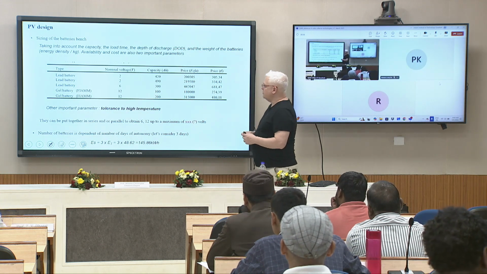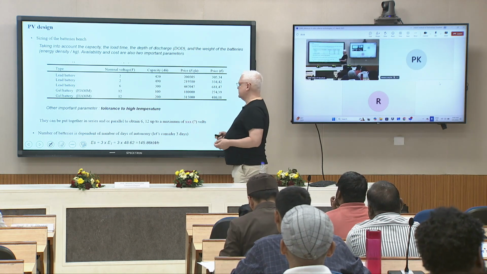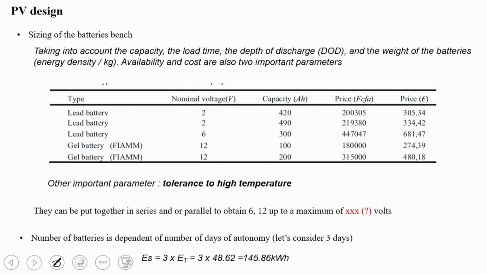Okay, now sizing of the battery. I don't remember if I told you to take a discharge. We have several batteries available in place.